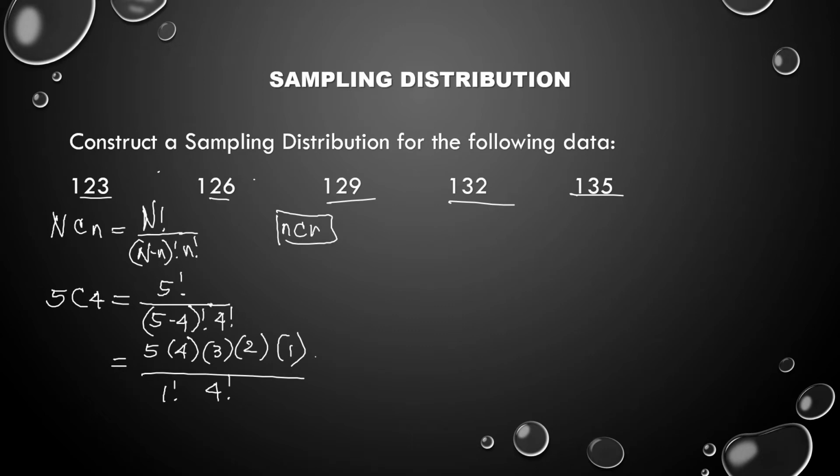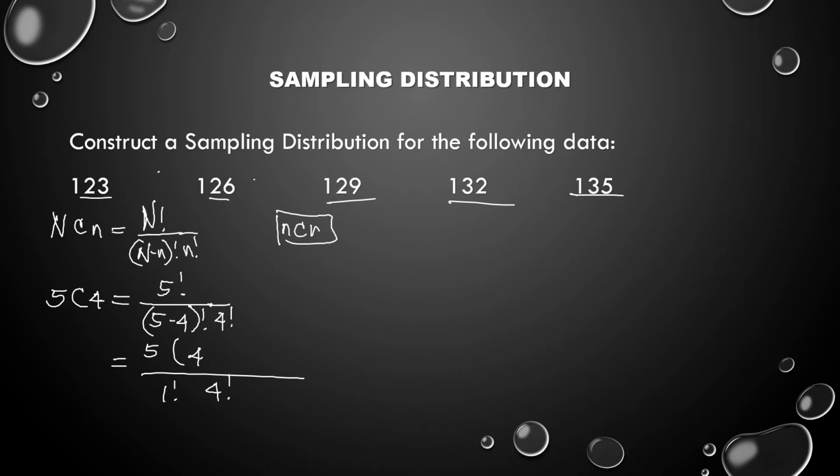Next, since we have a factorial in the denominator, let me change my 4 times 3 times 2 times 1 into a factorial so that I can cancel out something and make it easier to solve. So again, we can have it as 4 factorial. That is similar to 4 times 3 times 2 times 1.